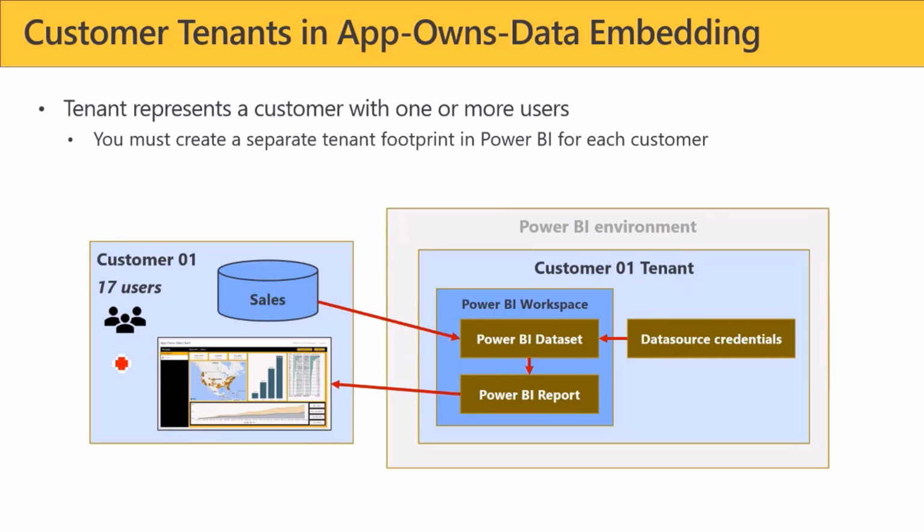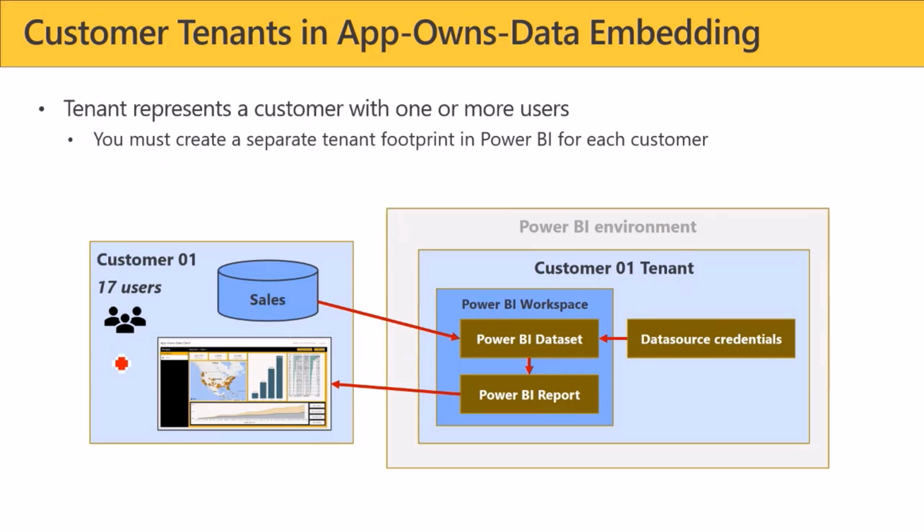Now, one of the things that we start seeing is that our customers want to create a multi-tenant environment. And so they have many different customers. And for each customer, they want a set of reports and maybe one or more data sets. So we have this idea of creating a customer tenant, which is kind of the customer footprint.